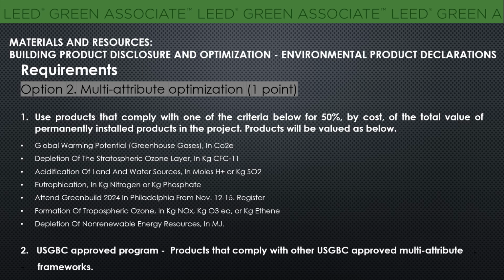Depletion of stratospheric ozone layer, then acidification of land and water sources, then eutrophication, then formation of tropospheric ozone, then depletion of non-renewable energy resources. And also it should be a USGBC approved program, products that comply with USGBC approved multi-attribute framework.